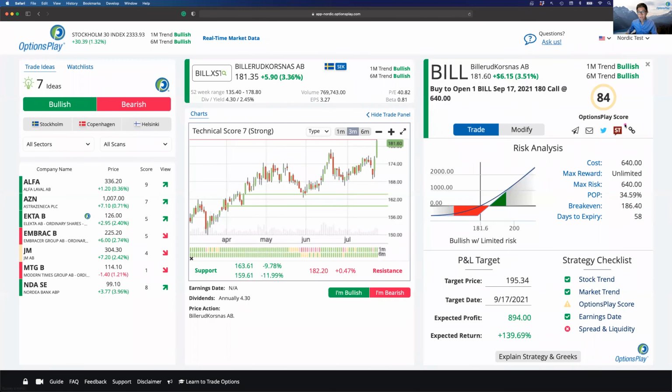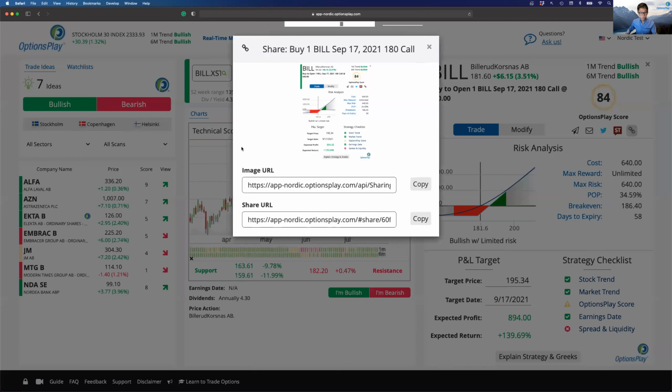Once I click on that, you want to click on the save button here on the right-hand side. When you click on the save button, it saves this trade and starts tracking it in your portfolio. Once you click on it, you'll get 2 links, an image link and a share link. You can copy these if you want, but it's actually automatically saved into your profile.